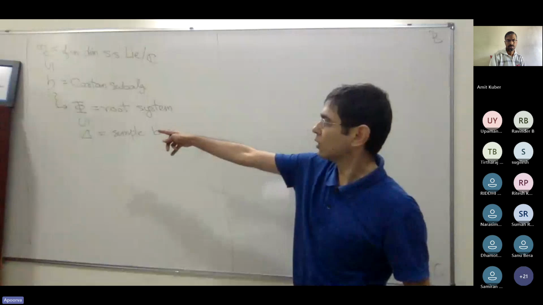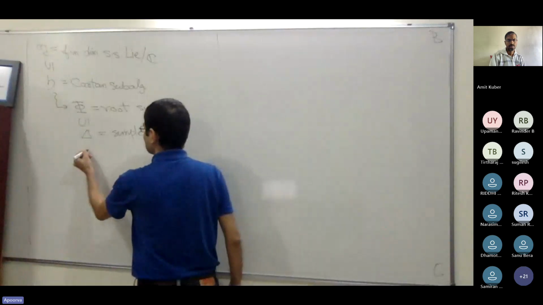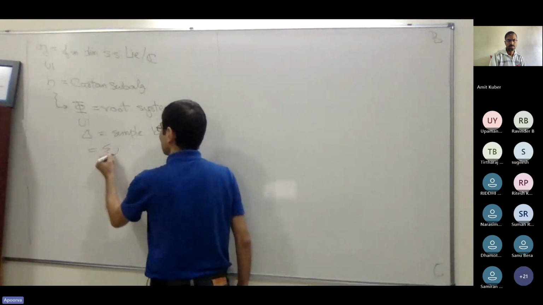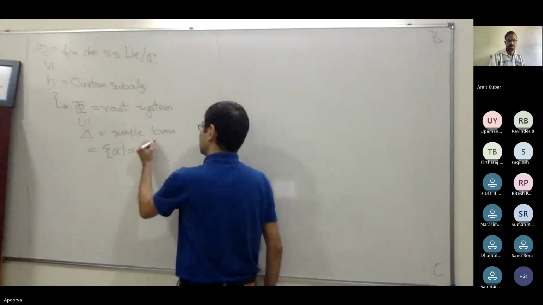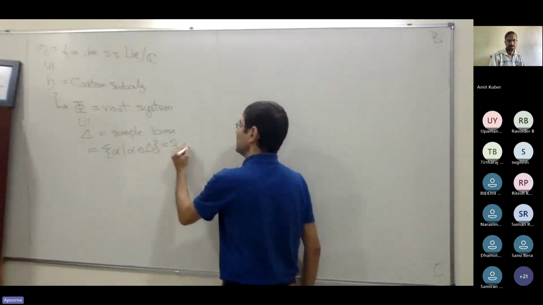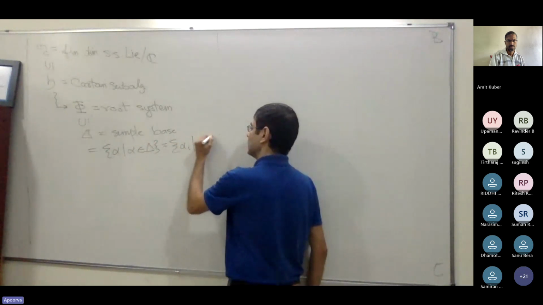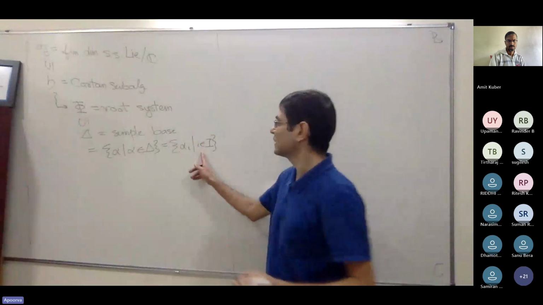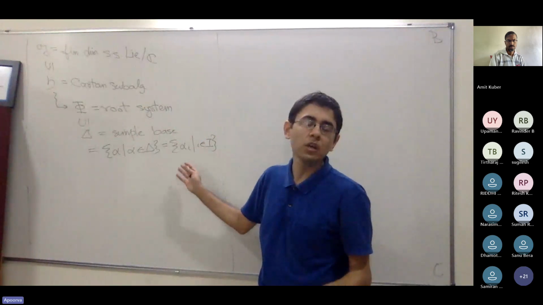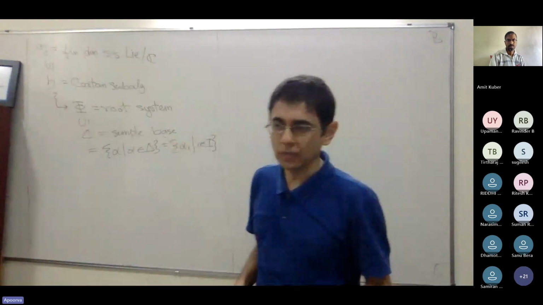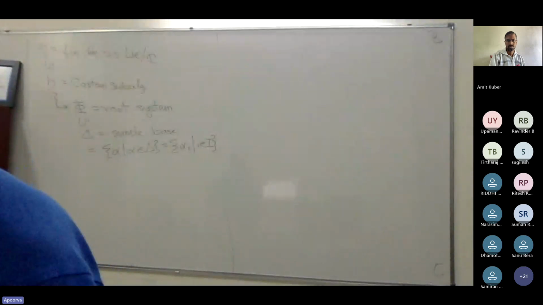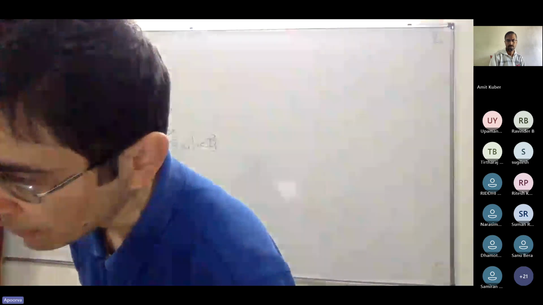We denote this base by Delta, or by alpha_i for i in I, where I is the indexing set that denotes either the simple roots or the nodes of the Dynkin diagram. This is the same notation as last time.